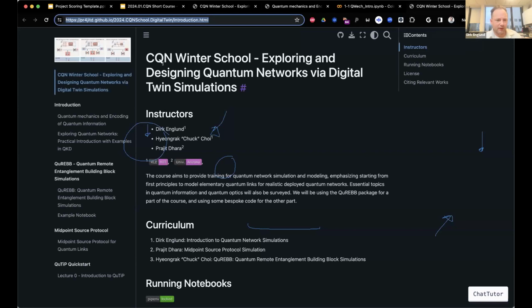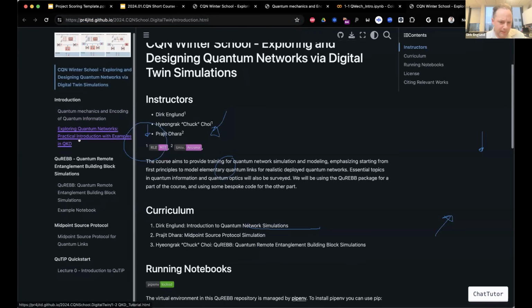What you're seeing here is our Jupyter notebook for this class. This is HTML, so if you want to actually execute code, you can do it two ways.